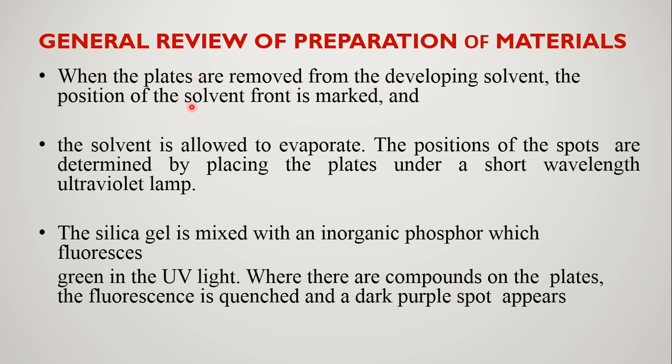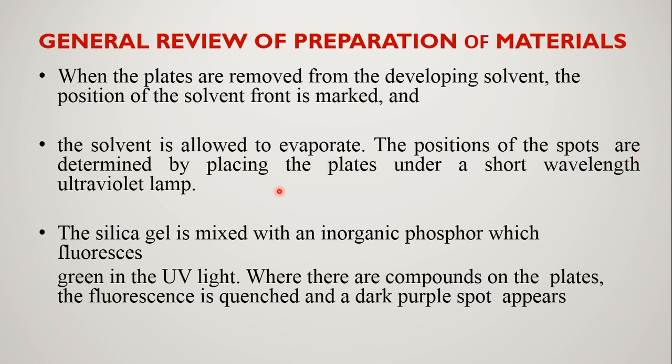Now the general review of preparation of materials. When the plates are removed from the developing solvent, these plates are TLC plates. When the development is completed, the position of the solvent front is marked immediately, because that solvent will vaporize after some time. The solvent is allowed to evaporate.